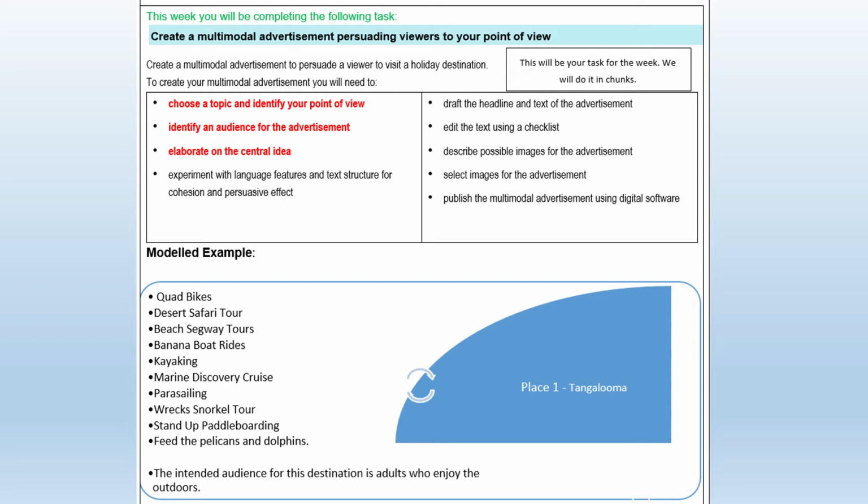Another way is if you have adult supervision, you can research it on the computer. So you can have a look at some different holiday destinations, look at what attractions or activities they have in those places. Just make sure that you have somebody watching and making sure that you're being safe on the computer.